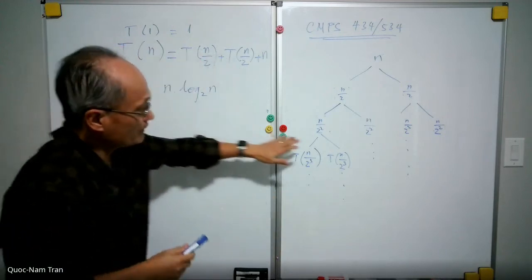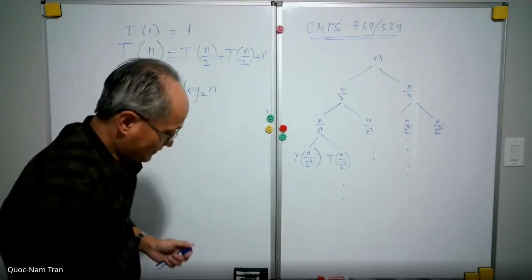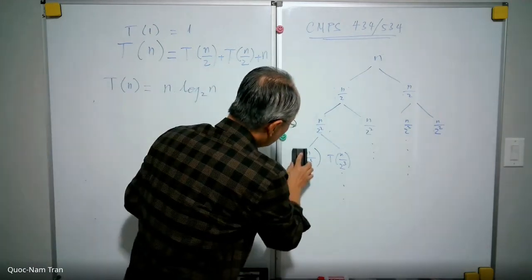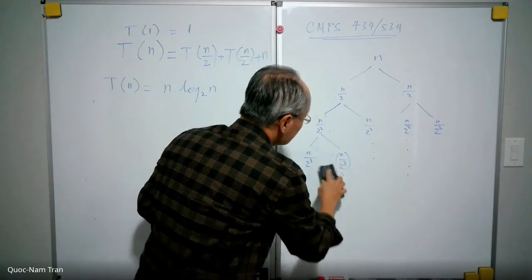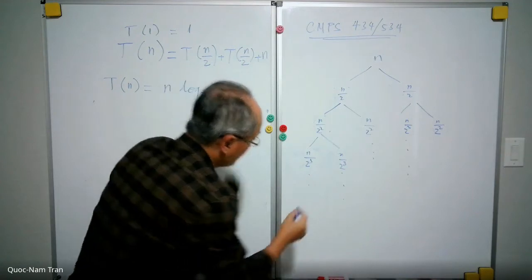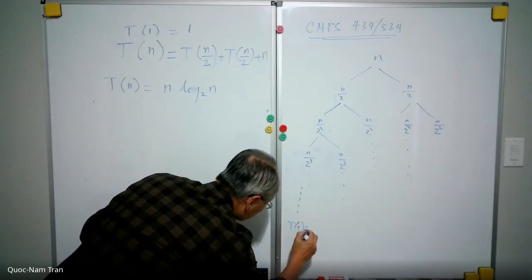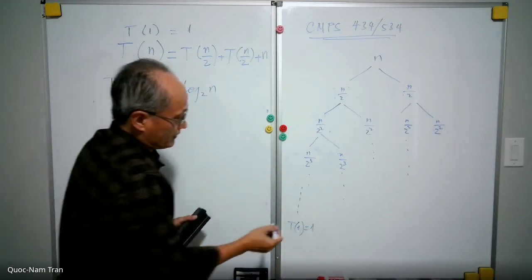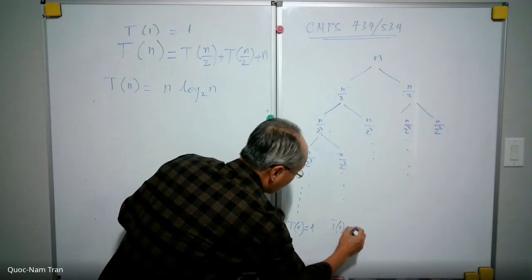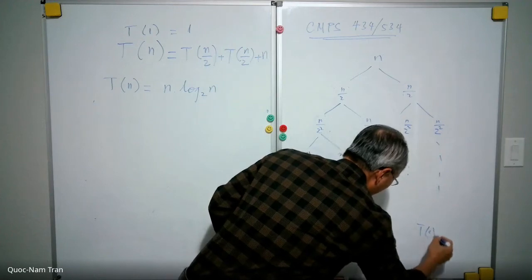So eventually this one will go to T1, right? So here we also have T1. Every branch will go to T1, right?